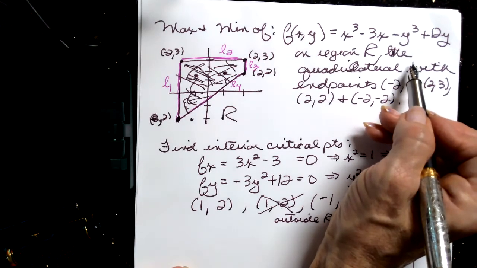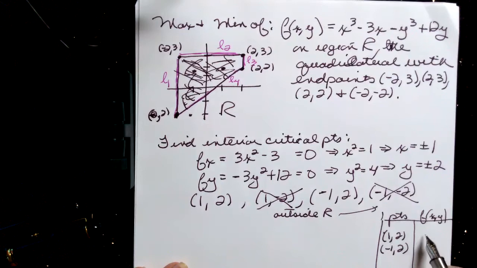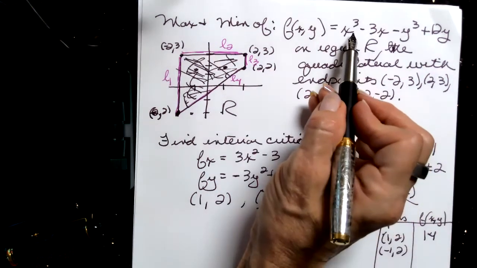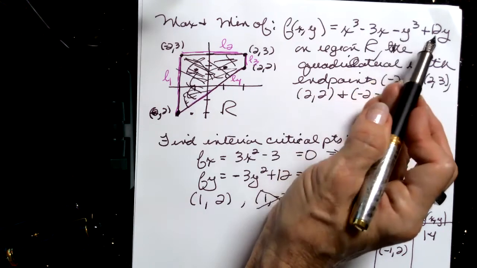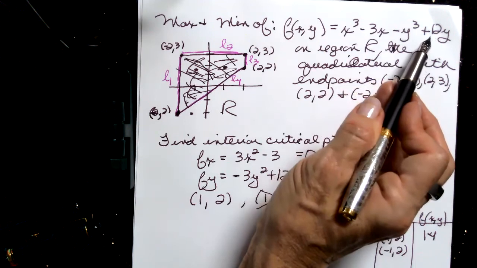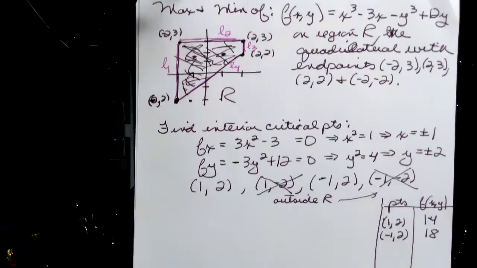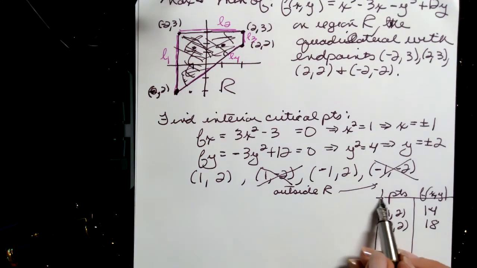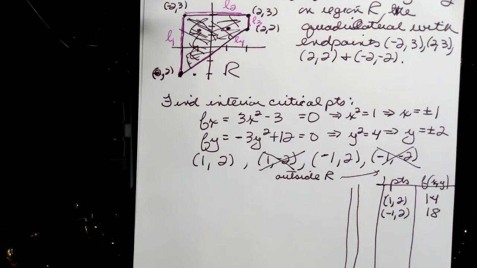If you do that, you will see that you get 18 for f of (1, 2) and f of (-1, 2). So I just plug into this. That gives me minus 1, and then I get a plus 4, and then a minus 8 and a plus 24. And when you add that all up, you get 18. Now we're going to have more to add to this list as we go along, okay? All right, so we'll keep coming back to that list as we add more things to it.